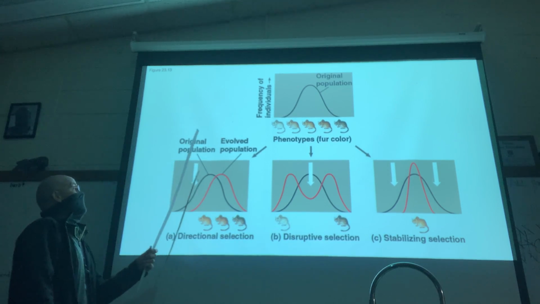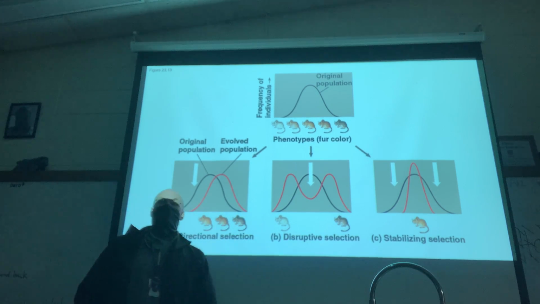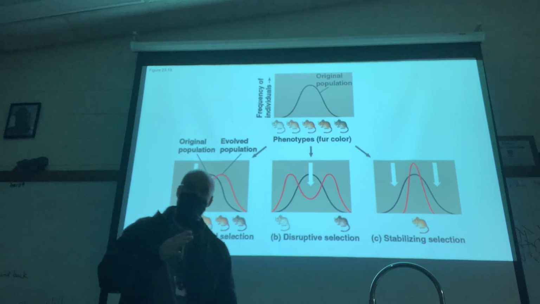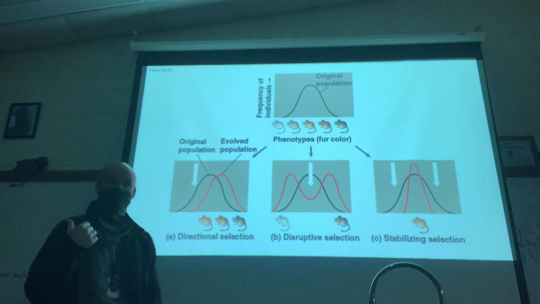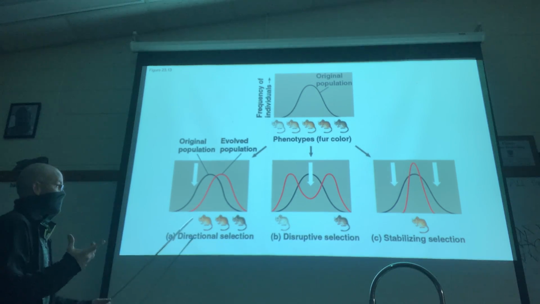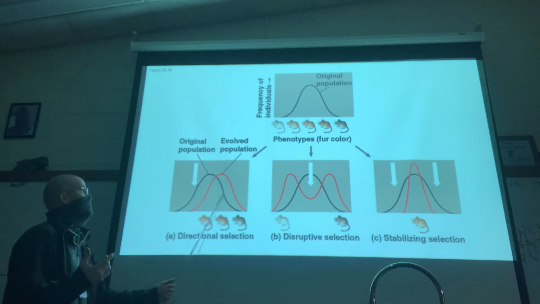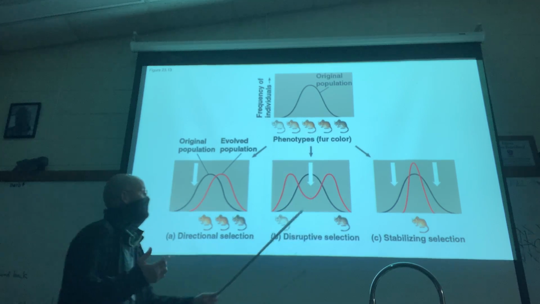Now, if you have directional selection, you find that the population is being pushed to one side or the other, to one extreme or the other. In the case of this example, here was our original population in black, which shows a full range of diversity.